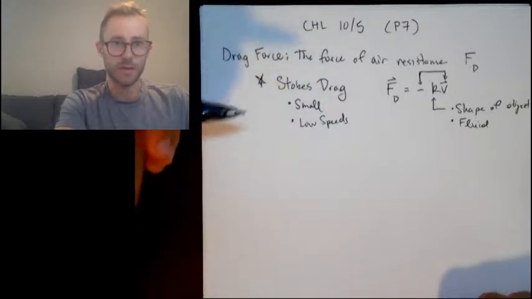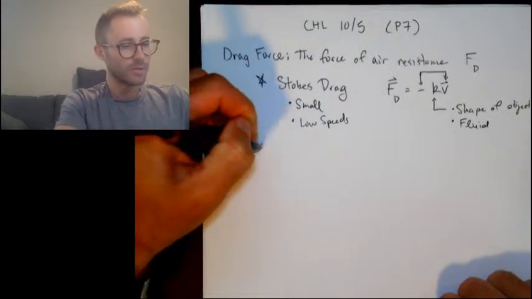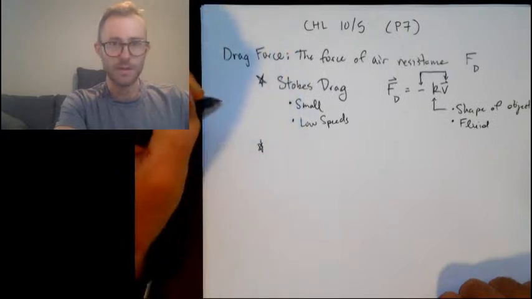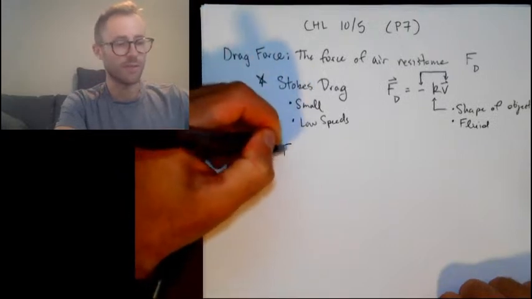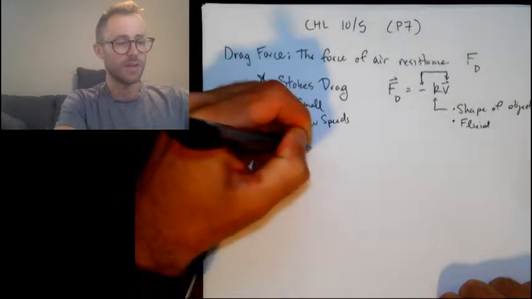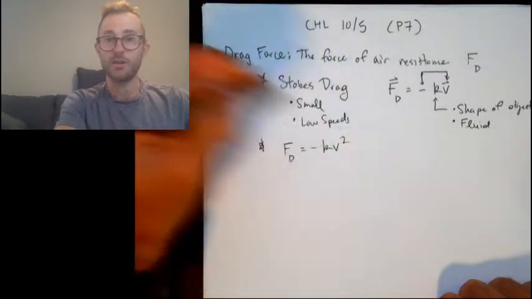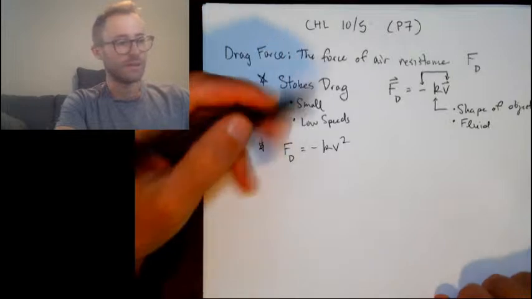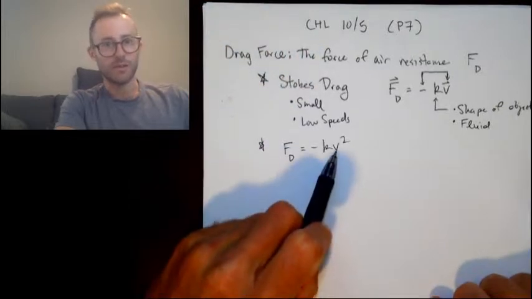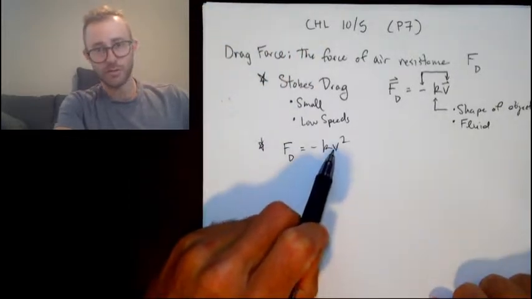Which is not very useful, but it is the model that we use in the AP exam because it is the simplest mathematically. So a more realistic model is going to be one where the drag force is minus K V squared. So again, this model increases with speed, just like the other models.